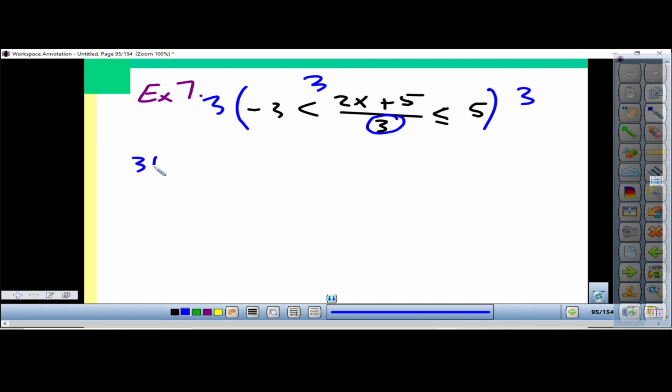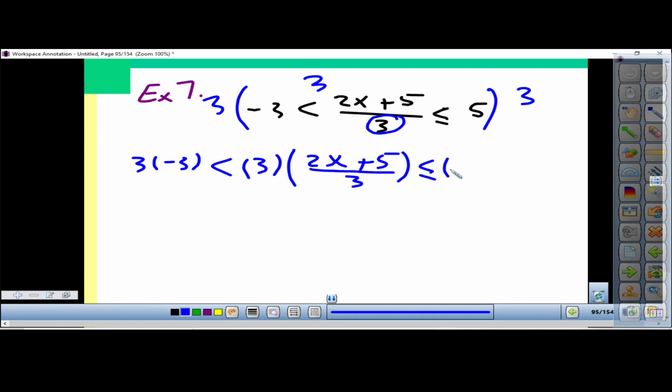So this is going to be 3 times negative 3, less than or equal to 3 times the blob, 2x plus 5 over 3, less than or equal to 3 times the 5. All 3 sides. So that's a negative 9 is less than or equal to, chop chop, fruit ninja, I will have myself a 2x plus 5 less than or equal to 15.